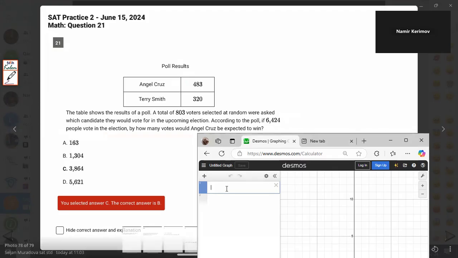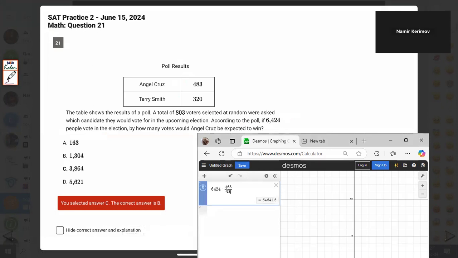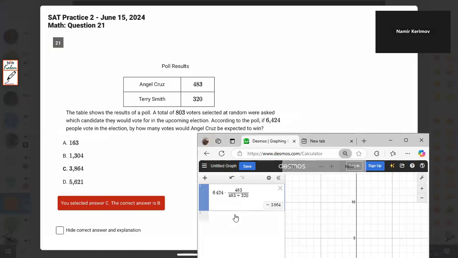We know 6,424 total. So for the first candidate, that should be 483 over 483 plus 320 votes, which is 3,064. And then for the other candidate, that should be 320.